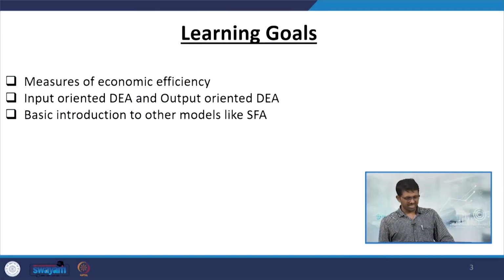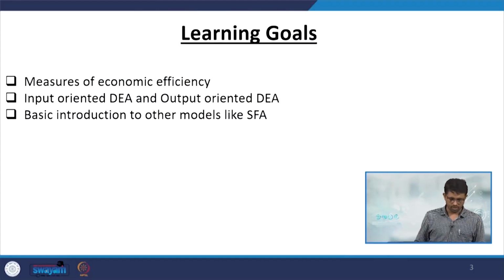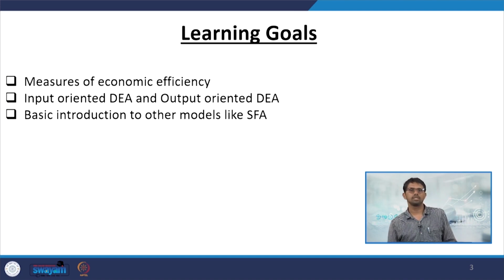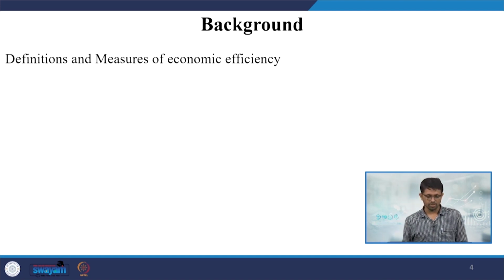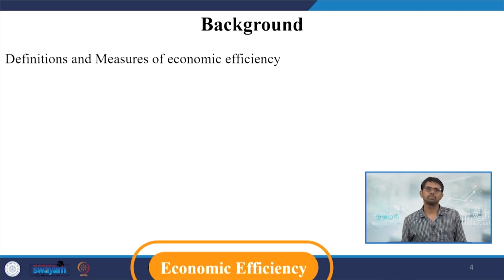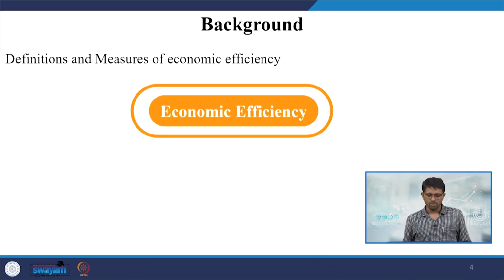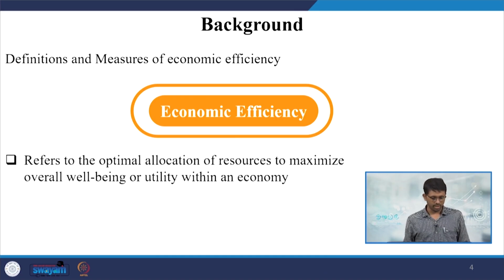Hence our objectives in this class are measures of economic efficiency, input oriented DEA as well as output oriented DEA, and a basic introduction to other models like SFA, that is stochastic frontier analysis. We will start with some definitions and measures of economic efficiency, then we will be able to address it correctly.